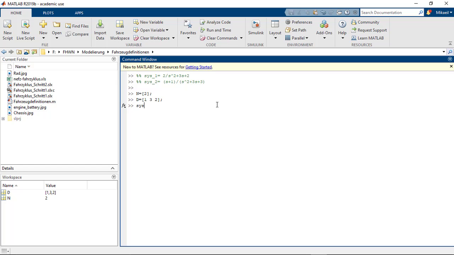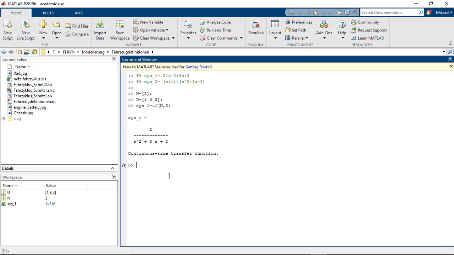We write system 1 equals transfer function, parentheses, numerator and denominator, enter, and we got our system 1.